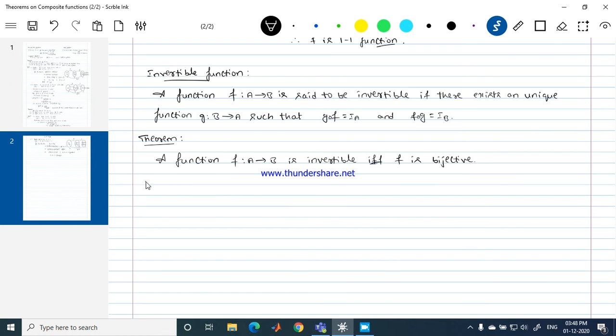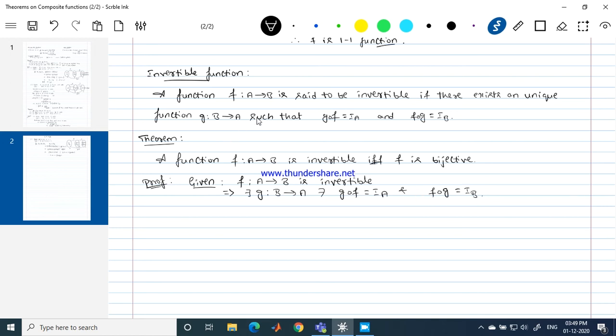Okay, let me prove this result. It's a very important result from the point of view of your examination. That's a very simple one. Okay, first part is given: f from A to B is invertible, which implies there exists a G from B to A such that F composition G is equal to IA and G composition F is equal to IB.